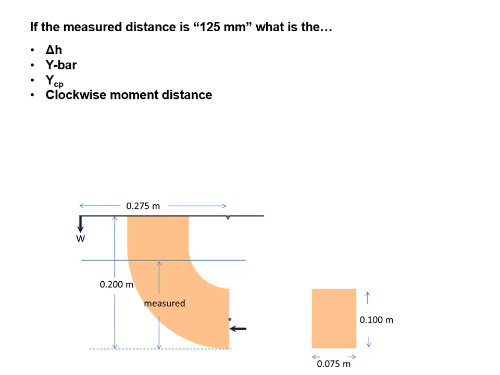So this is the hydrostatic force that we had to counteract. We had to counteract this actual hydrostatic force, and so we were measuring it indirectly. We couldn't actually measure the water pushing on this, but what we could measure is how much additional weight we had to add on this end to counteract it.